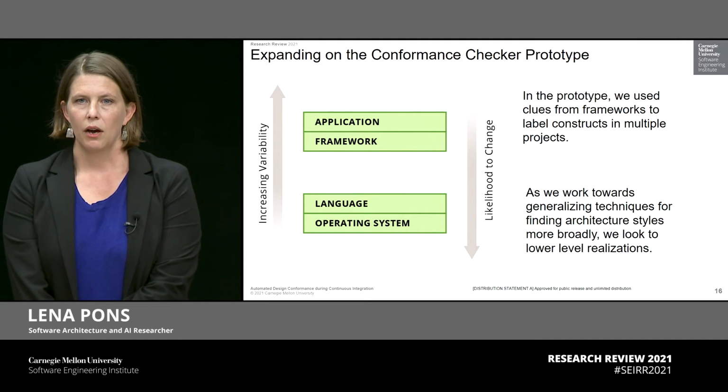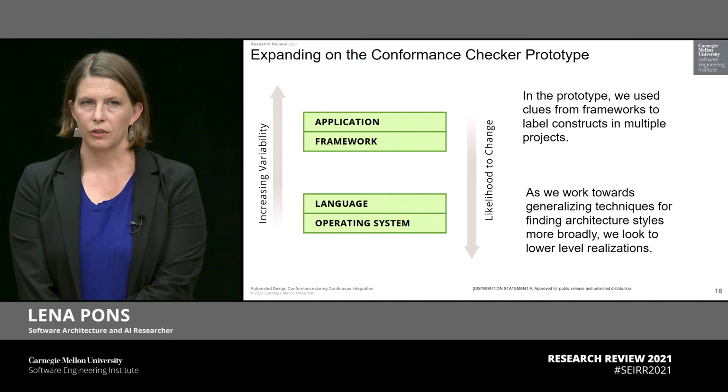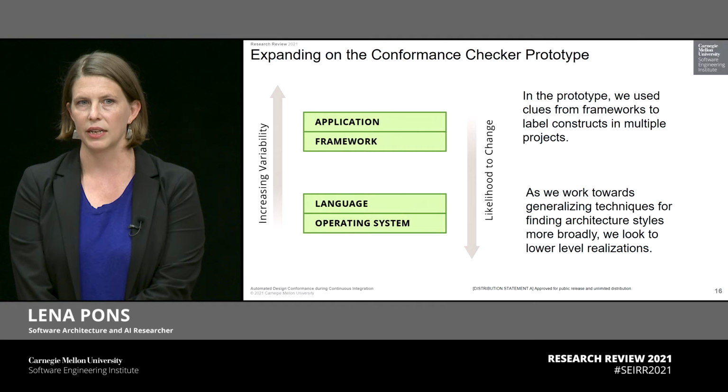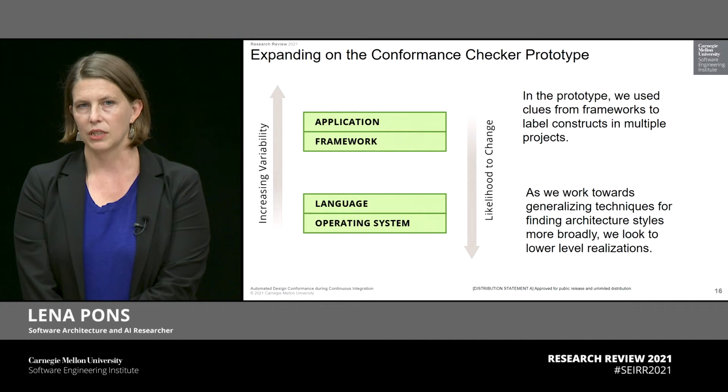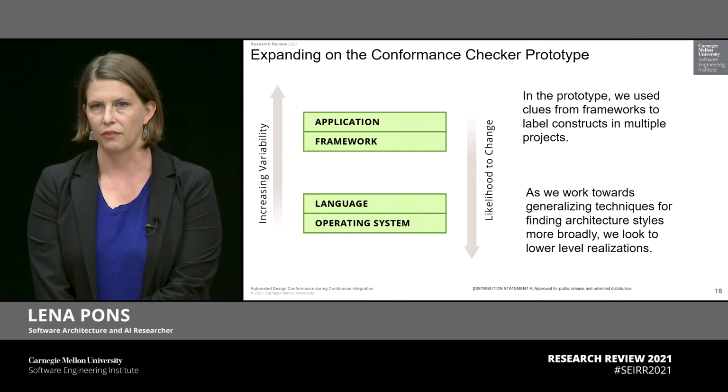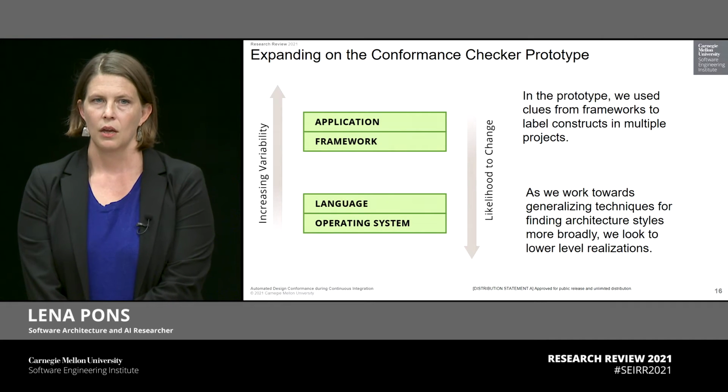But when we think about coming up with a more general solution, we need a way to address the tremendous variability that lives in the application space. So thousands of applications are built on top of hundreds of frameworks, dozens of languages, and a handful of operating systems.